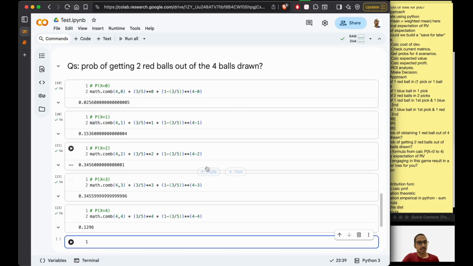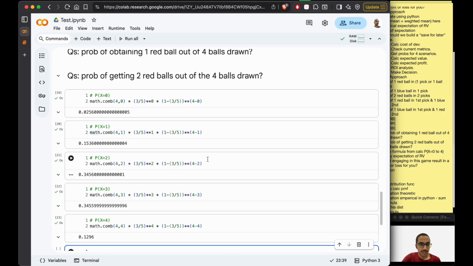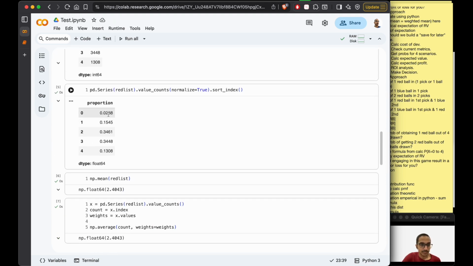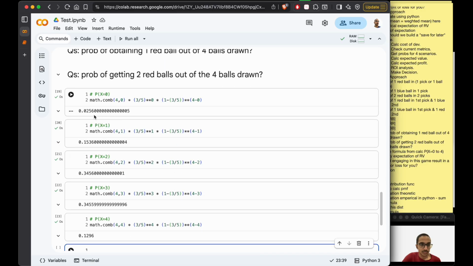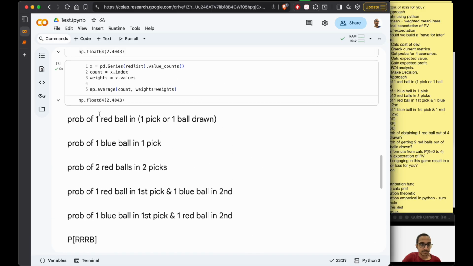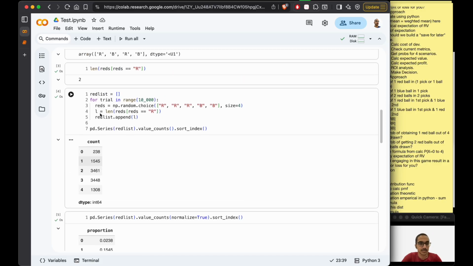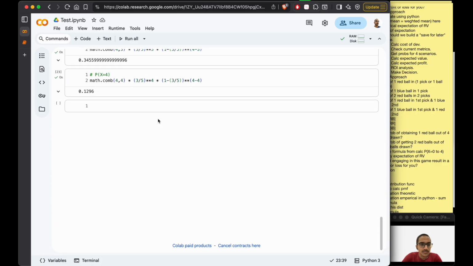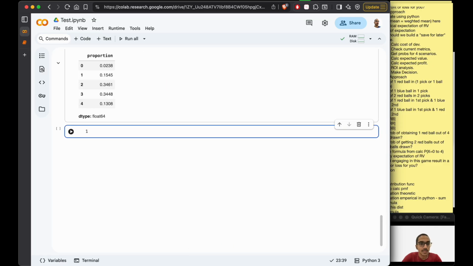So these are our theoretical values. Now if we compare them with what we got here, you see 0.02, pretty close. Let me get these values here again so that we can compare directly.